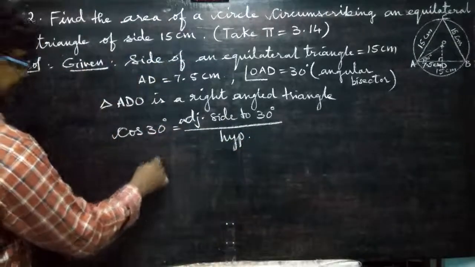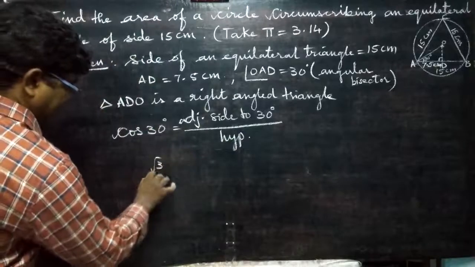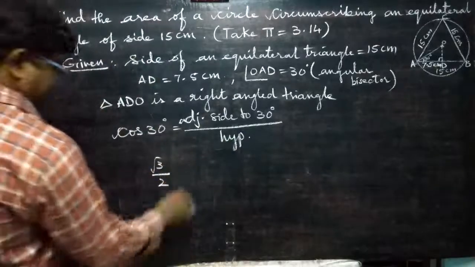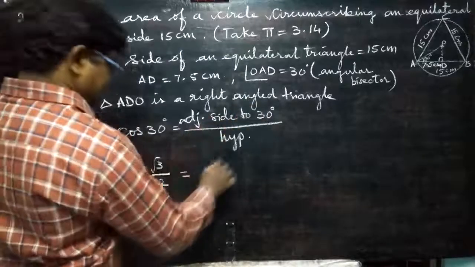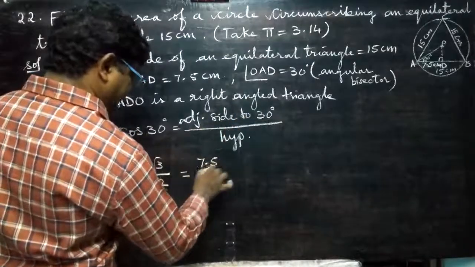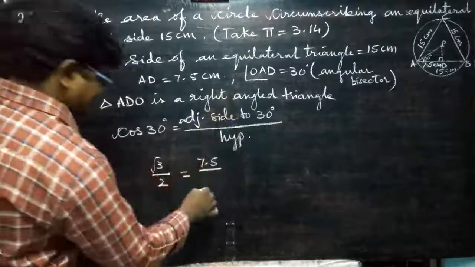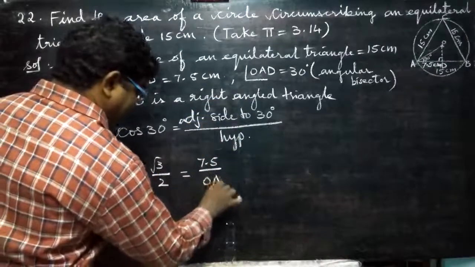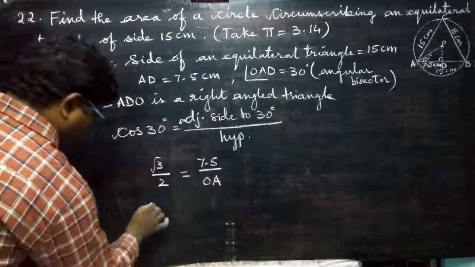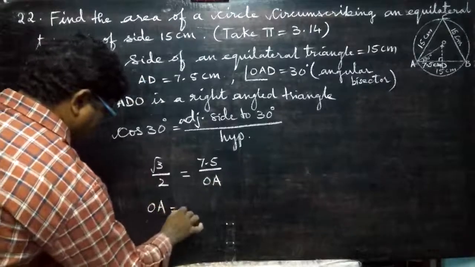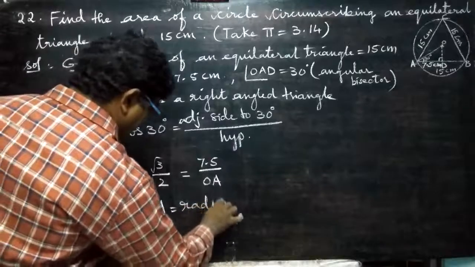Cos 30 is root 3 by 2, which is equal to the adjacent side 7.5 by the hypotenuse. And what is the hypotenuse? OA, the radius, R. Cross multiply.